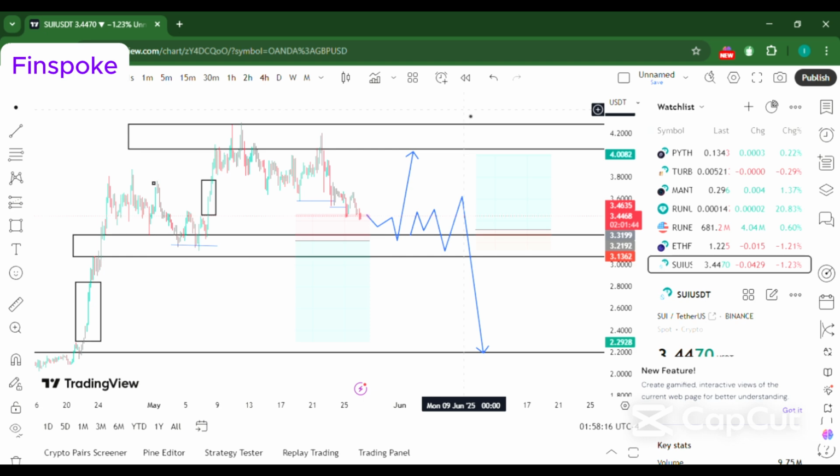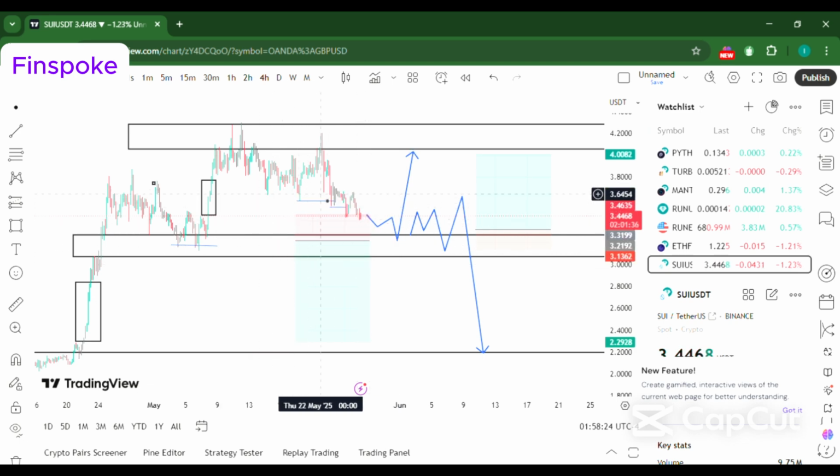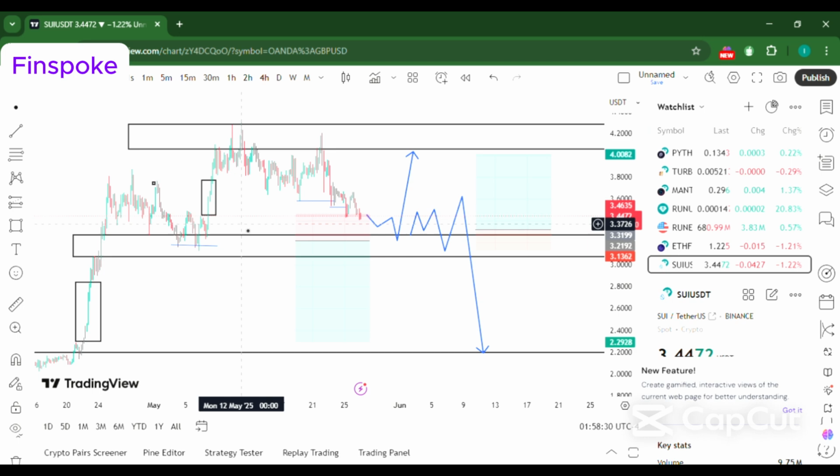When we come down to the 4 hours time frame, we also discover that the price needed to do some movements in order to fill in inefficiencies before it will start pushing up again from this mid demand zone.